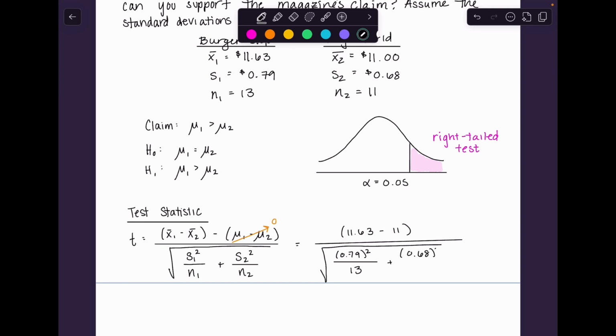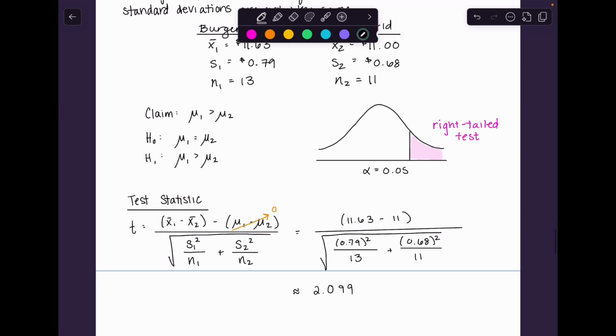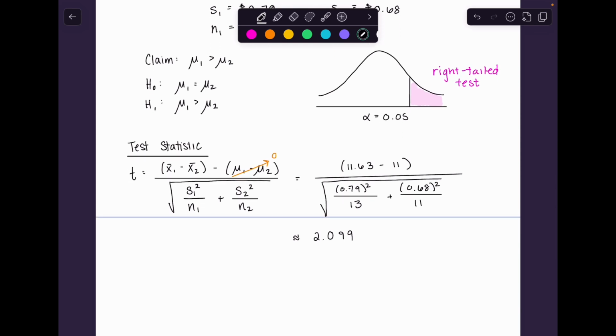S2 is 68 cents over its sample size, which is 11. And again, at this point, I'm going to trust you can plug this into your calculator. Our test statistic is 2.099.